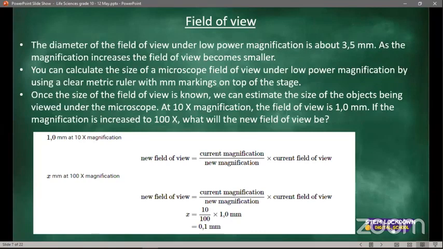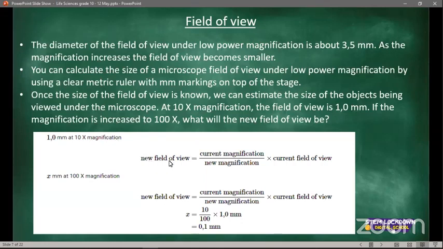Now, this is the working I got from the Siyavula textbook. So remember, they gave us 1 millimeter field of view at 10 times magnification. So this is low power magnification. What will the new field of view be?